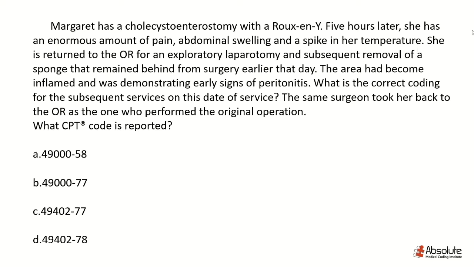She is returned to the OR for an exploratory laparotomy and subsequent removal of a sponge that remained behind from surgery earlier that day. The area had become inflamed and was demonstrating early signs of peritonitis. What is the correct coding for the subsequent services on this date of service? The same surgeon took her back to the OR as the one who performed the original operation. What CPT code is reported? You got this, coders.